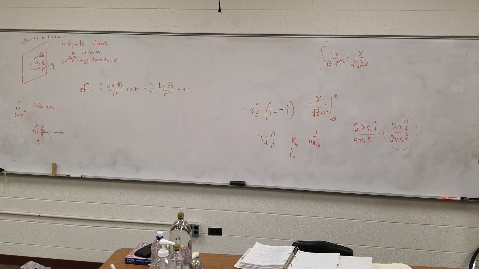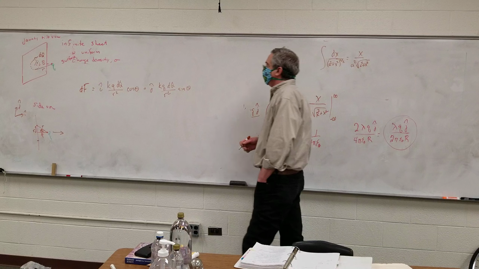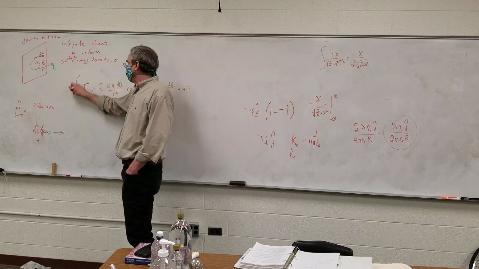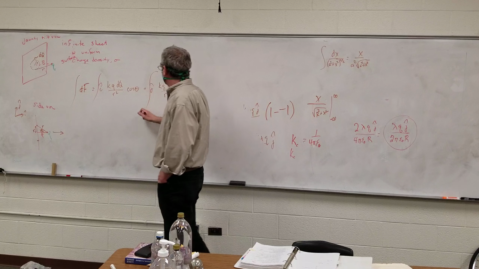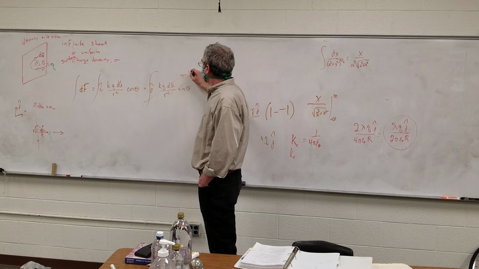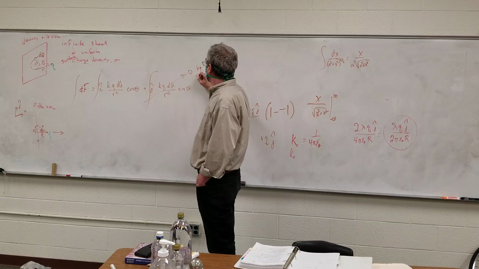Conveniently, it's an infinite sheet. Being an infinite sheet, that means I can assume that the point on the sheet that's closest to the charge is the middle. Integrate. This goes off to 0 by symmetry.